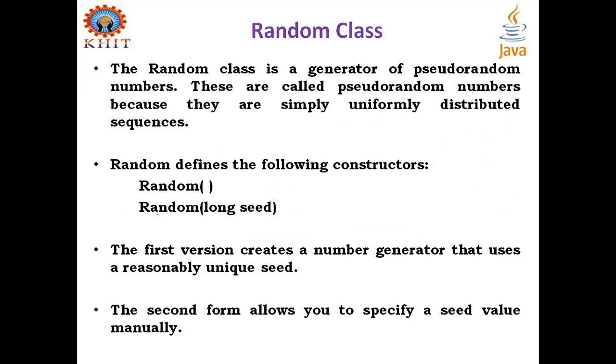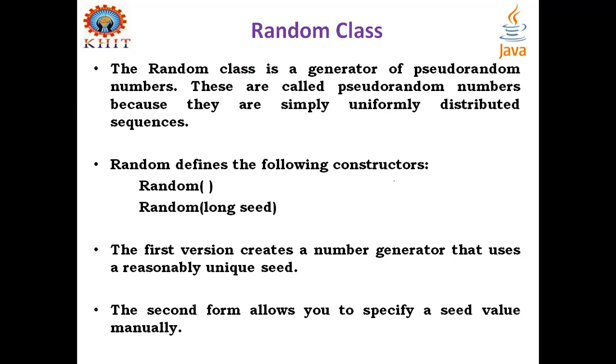I told you that random number generation is a very important requirement in some applications, right? These are called pseudo random numbers because they are simply uniformly distributed sequences. Random number generation is nothing but a sequence of distribution, and I will tell you with an example.